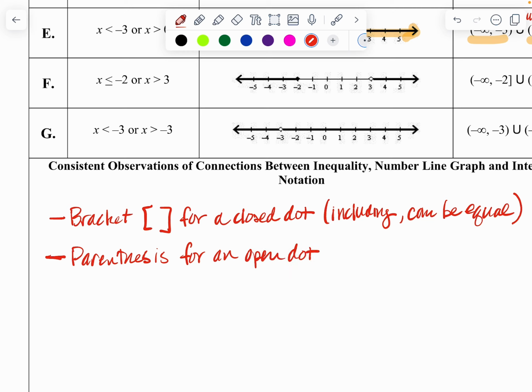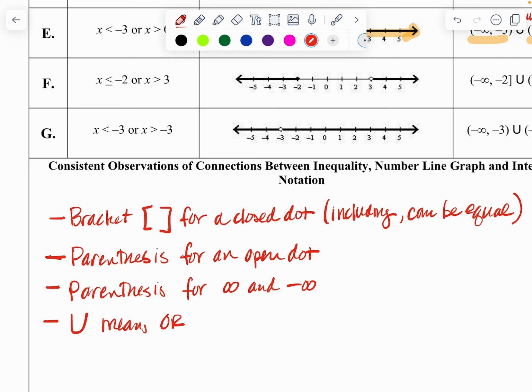Okay, we also use parentheses for infinity, for positive infinity and for negative infinity. Okay, and then the U symbol means or. Okay.